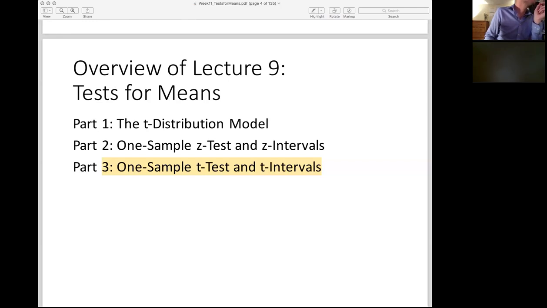Please bear with me while I'm getting the problem set.